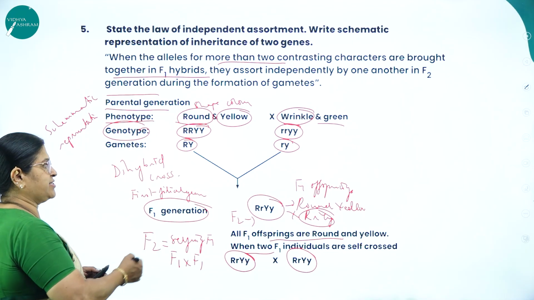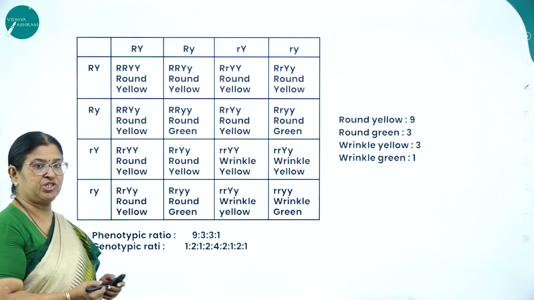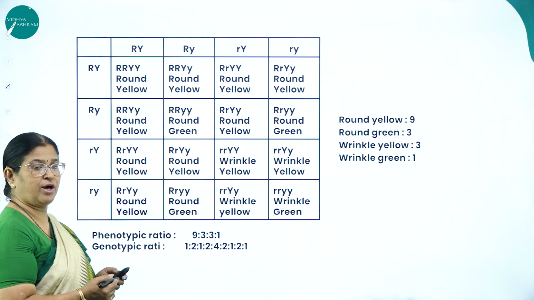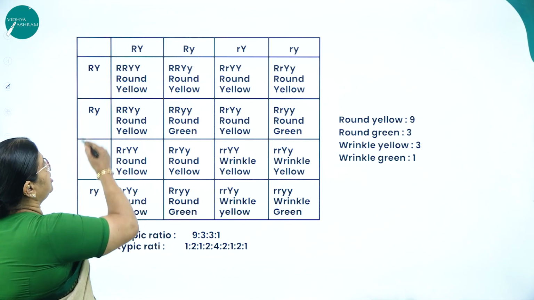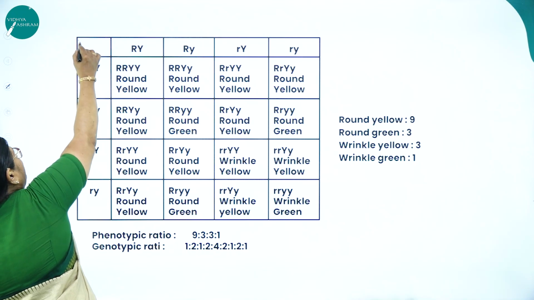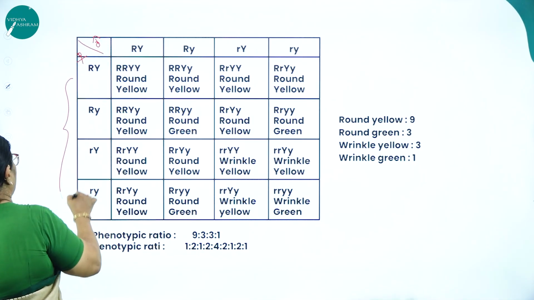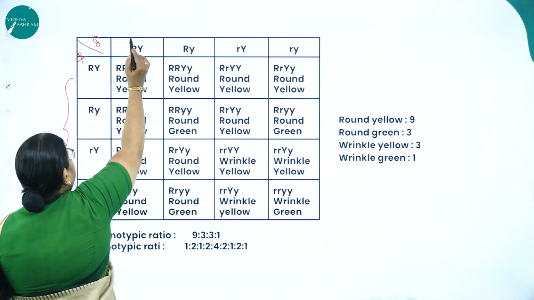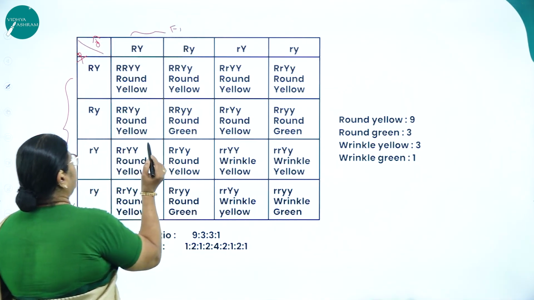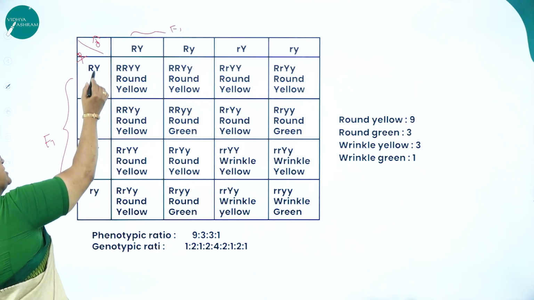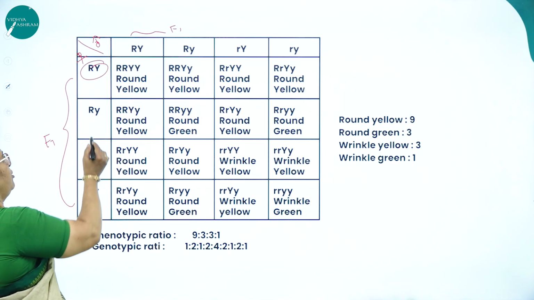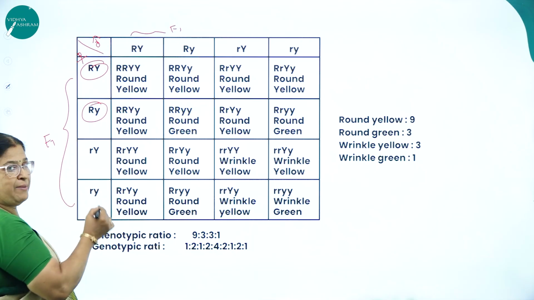We'll move on to the next slide. Here this is the Punnett square. How do you write the checkerboard, or the Punnett square? This is how you write it. You take male gametes on one side and female on the other. This is one F1 and this is another F1. What are the gametes? Capital R, capital Y, that is round yellow. Then round green, capital R, small y.